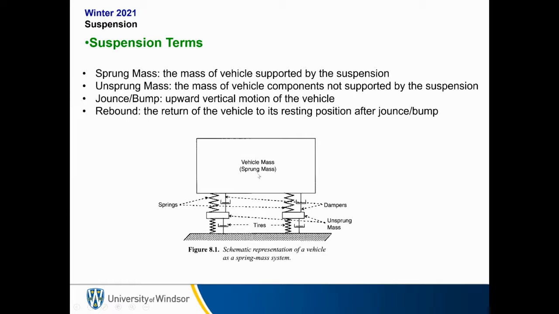If we look at our suspension system as a simple mass-spring-damper system, we have our vehicle mass, which is our sprung mass. We have springs, which are connected to our unsprung mass and also to the ground through our tires. We also have dampers to dampen the motion.